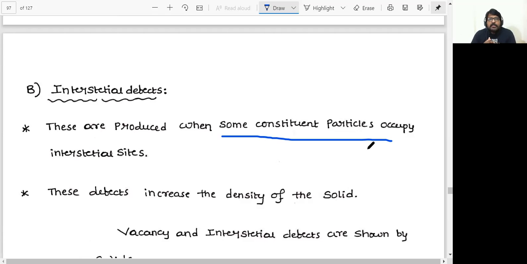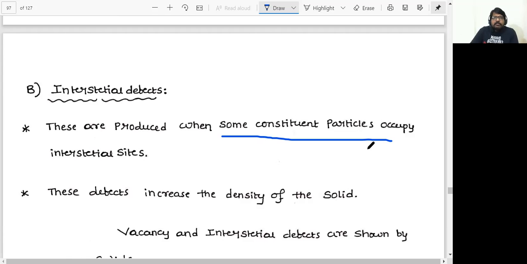All such defects are said to be interstitial defects. We are expecting only 4 constituent particles, but some additional particles are coming into the lattice. As a result, the mass of the unit cell increases when volume is constant. If mass increases, density will increase.